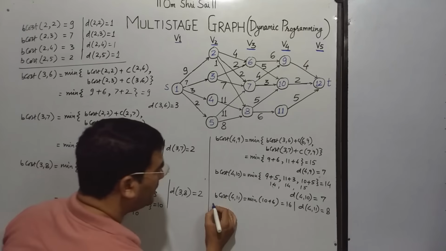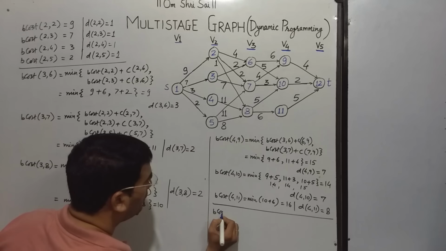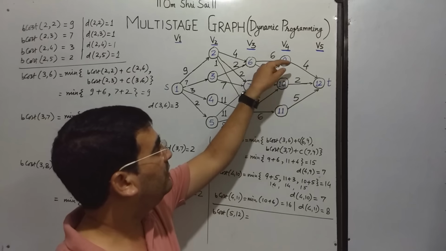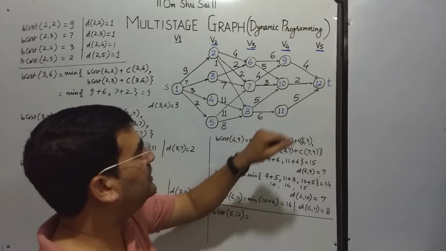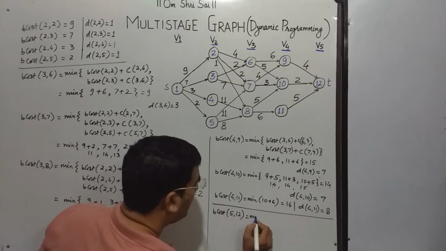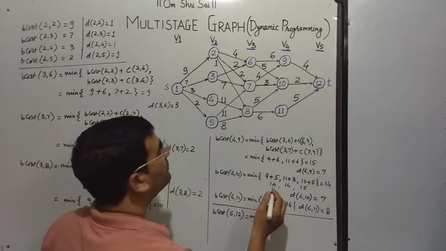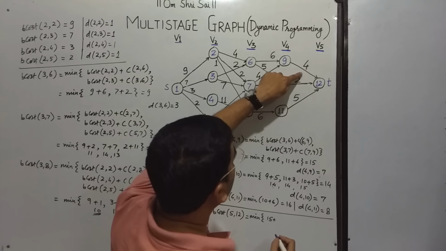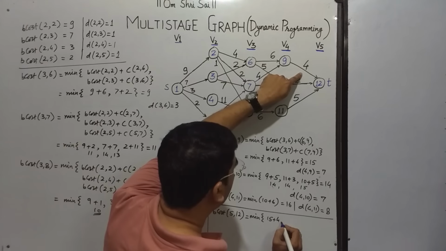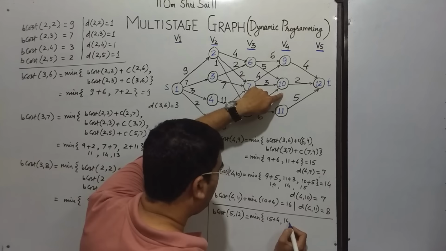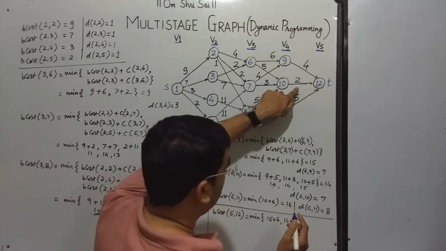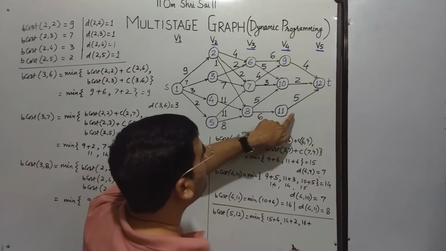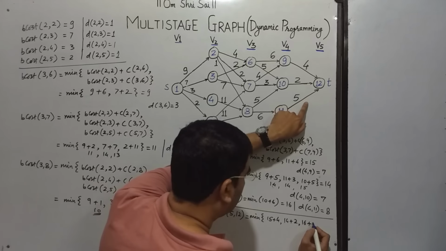Now the last calculation of the last stage. So B cost of 5, 12. 3 comparisons will be there, because we can reach this 12 vertex with 3 different vertices. So again I'll write directly, that is minimum of cost of 4, 9, 15 plus from here to here what is the distance? That is 4, comma. Cost of 4, 10, 14 plus 10 to 12, 2, comma. Cost of 4, 11, so 16 plus what is the value from 11 to 12, that is 5.